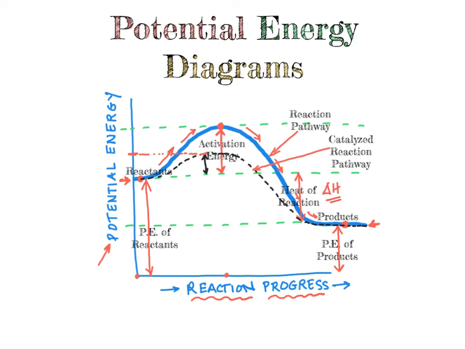Now you're going to think about that in terms of the overall change in heat, change in energy of the reaction. At the beginning, we have reactants with about this amount of energy, right? And at the end, we have products with this amount of energy. And we already mentioned before that this amount is lower than before, right? Reactants are at a higher point than the products are. And because of that, the reactants have more energy than the products do.